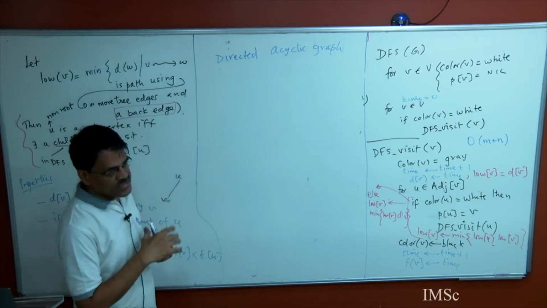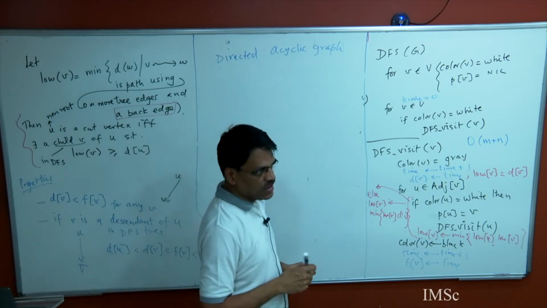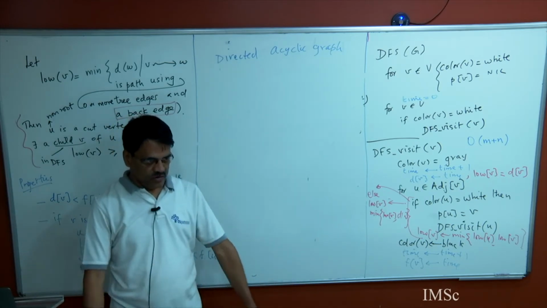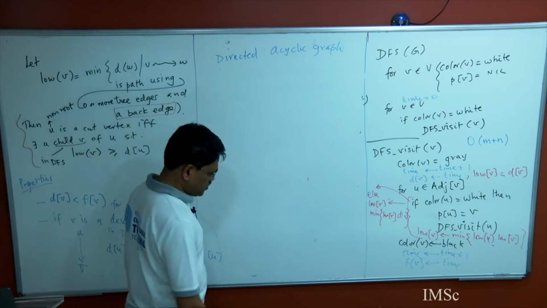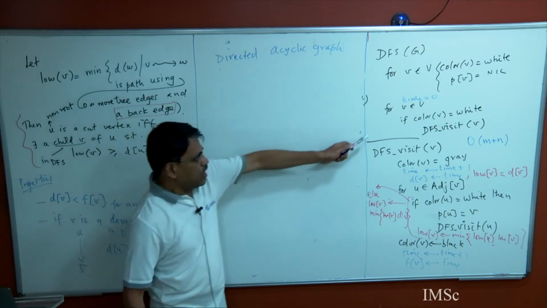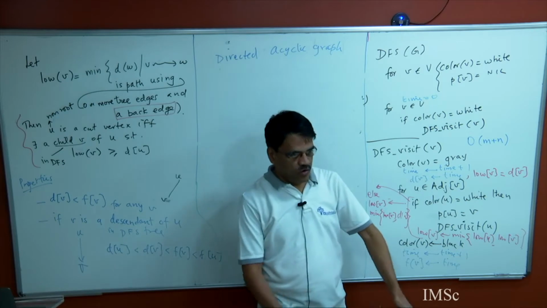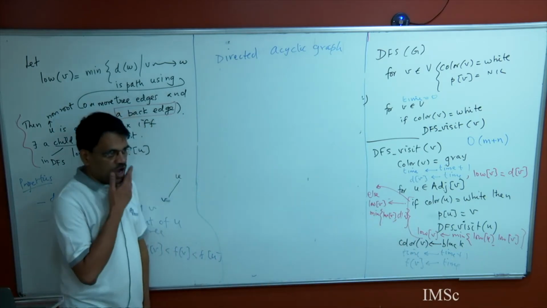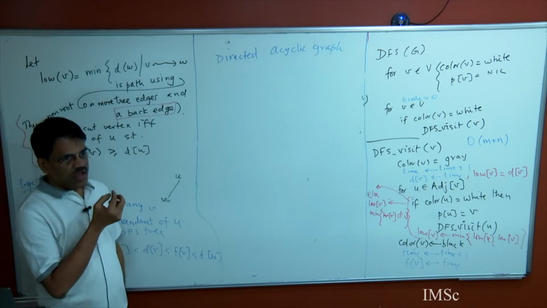So I have a directed acyclic graph, so there is no directed cycle. I start at a vertex and grow a DFS. I may not be able to visit all vertices, then I go to the next vertex and grow a DFS. So I have this whole DFS. How are the edges of the graph?